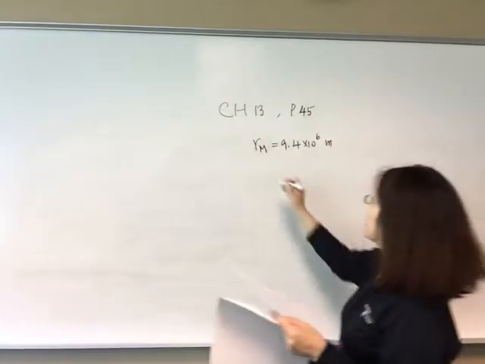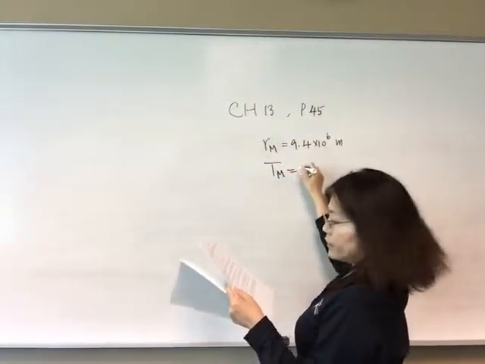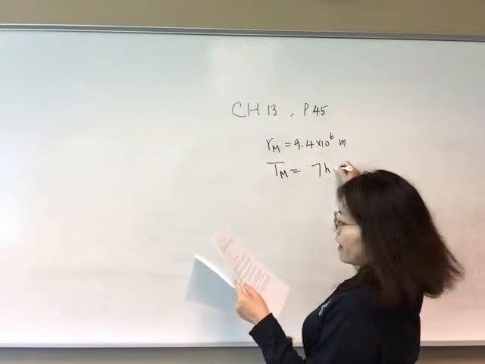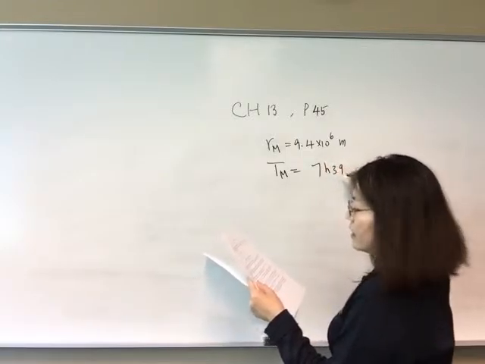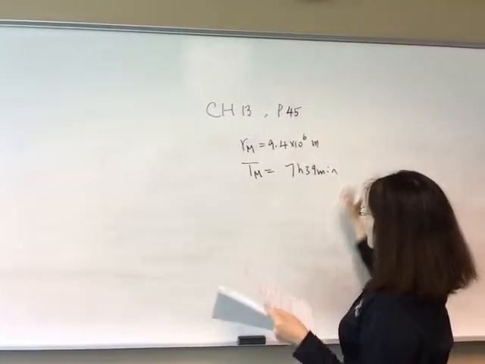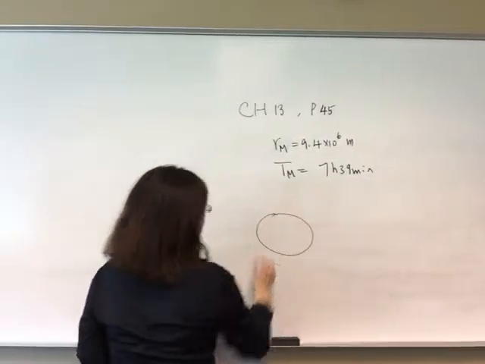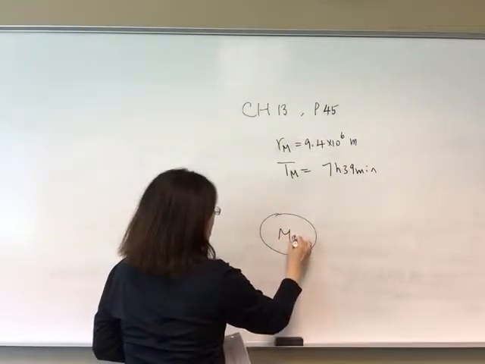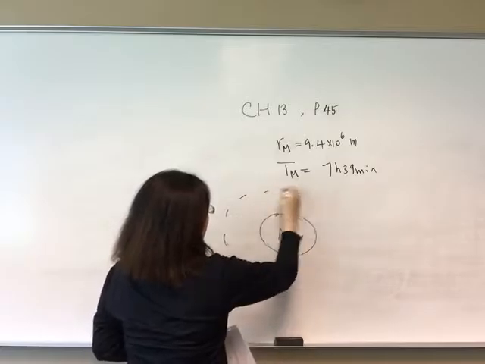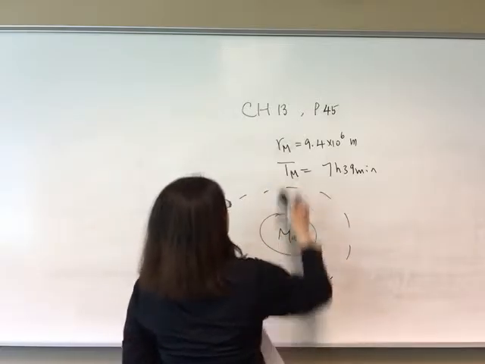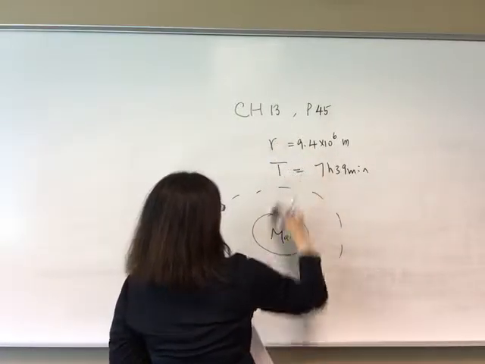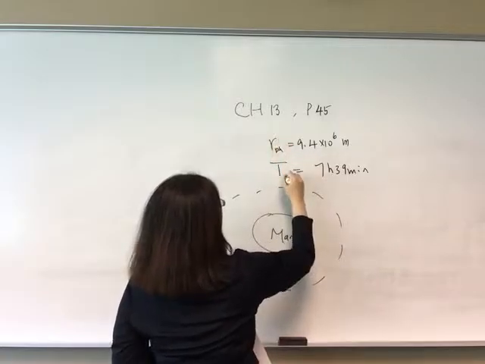The period is also given: 7 hours and 39 minutes. Now, instead of the Earth, we have Mars, and for the satellite, instead of M, let's say PH for Phobos.